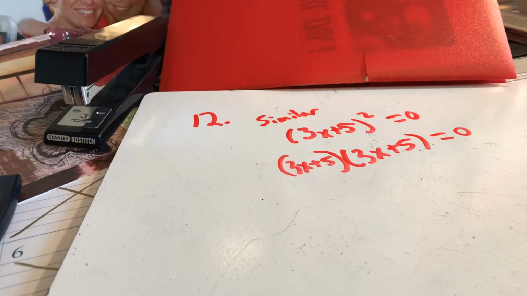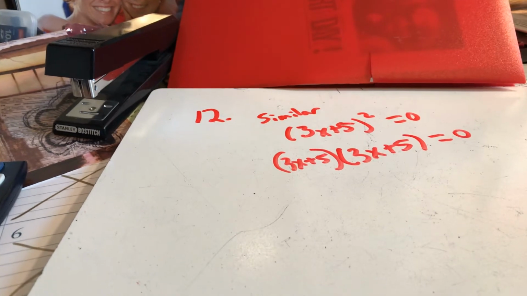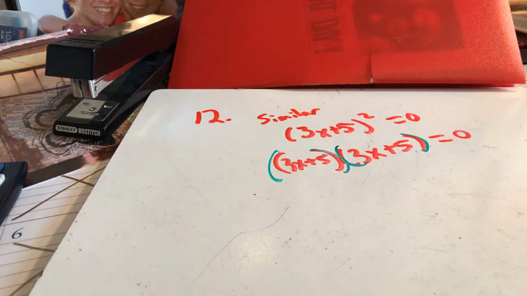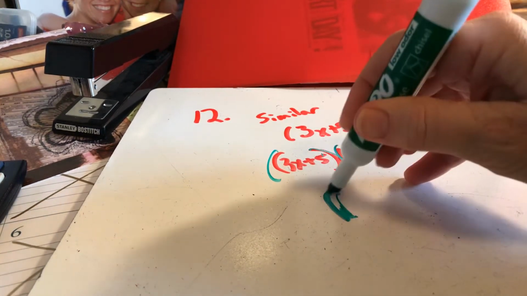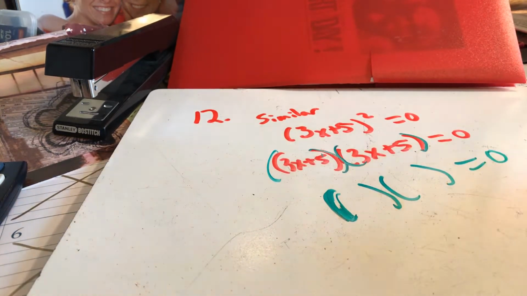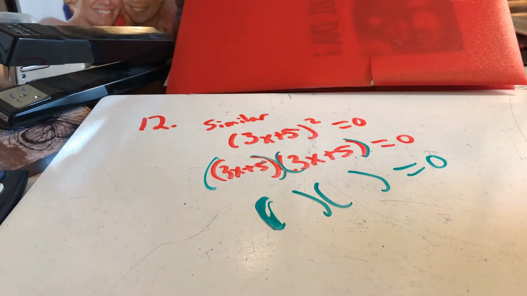This is in factored form. It's a polynomial in factored form. When I write it that way, this is a factor, and so is this. Well, they're the same as each other. What happens when you multiply two numbers times each other and you get an answer that's 0?